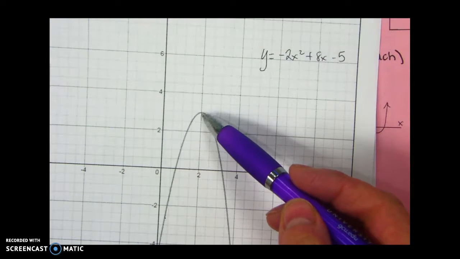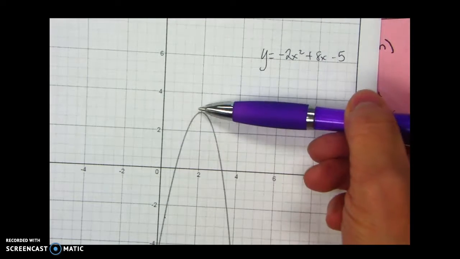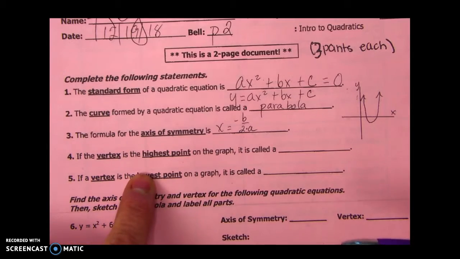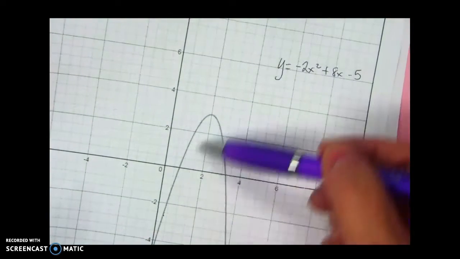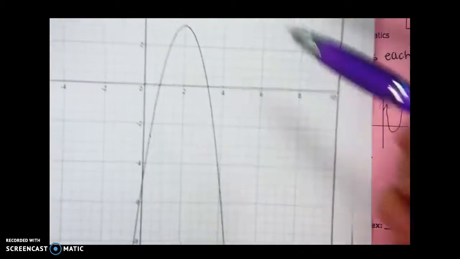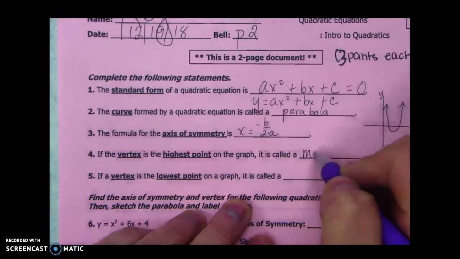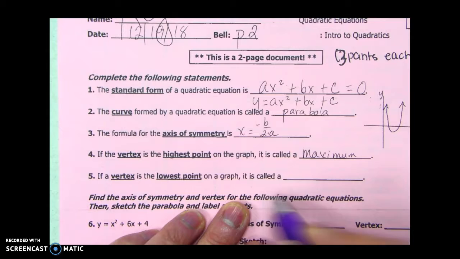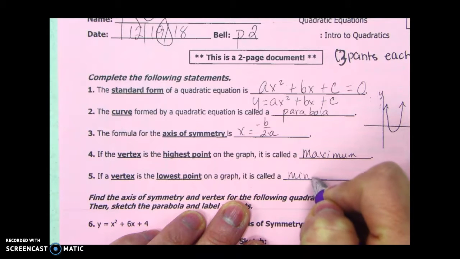It's coming up, it only goes to a certain point, and then it starts coming back down. We call that the maximum. So if a vertex is the highest point, looking at this graph, this is the highest point. It's called a maximum. If a vertex is the lowest point, it's called a minimum.